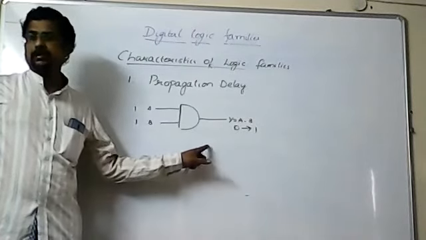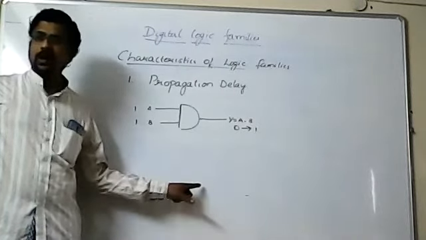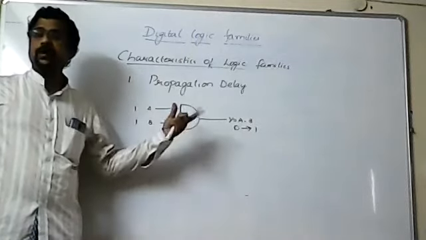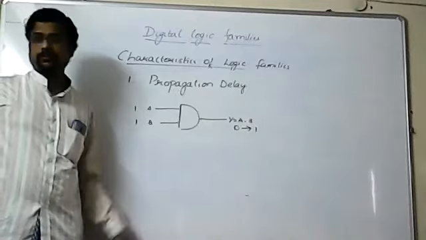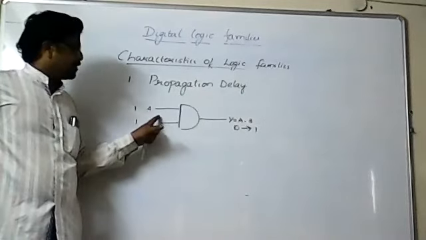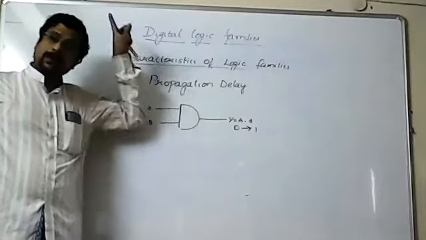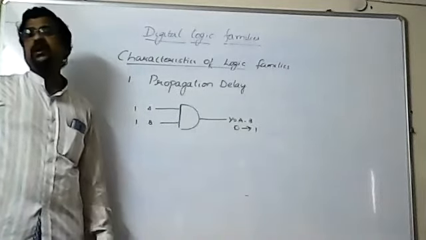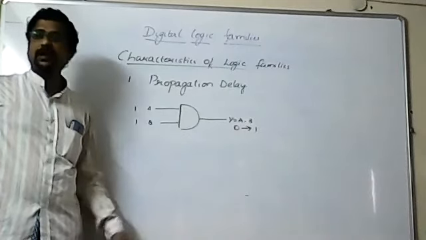If the propagation delay is small, the speed of operation will be high. If the propagation delay is more, for example, if I change the input and after 1 second it produces the output, that means the speed is very less.